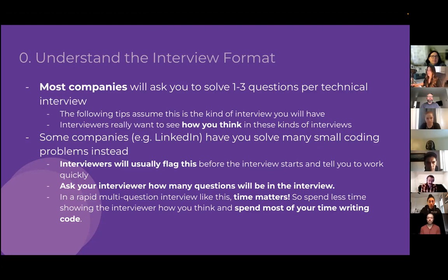Feel free to ask them how many questions will be in the interview. And in a rapid fire format like this, just keep in mind that your time matters. So try to spend less time showing the interviewer how you think and more time writing out the code in this particular style of interview. But that's really the caveat. Like I said, most of the time, the standard format is going to be 1 to 3 questions in a sit down.